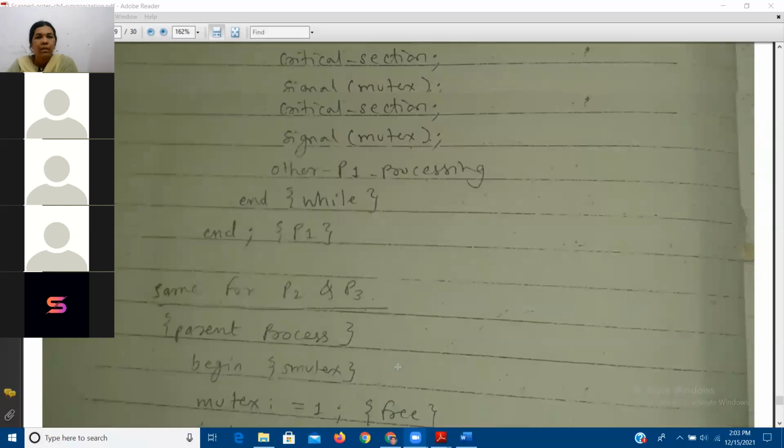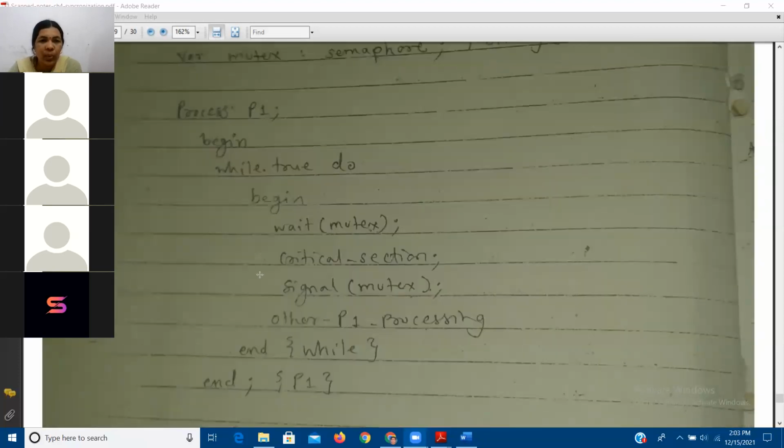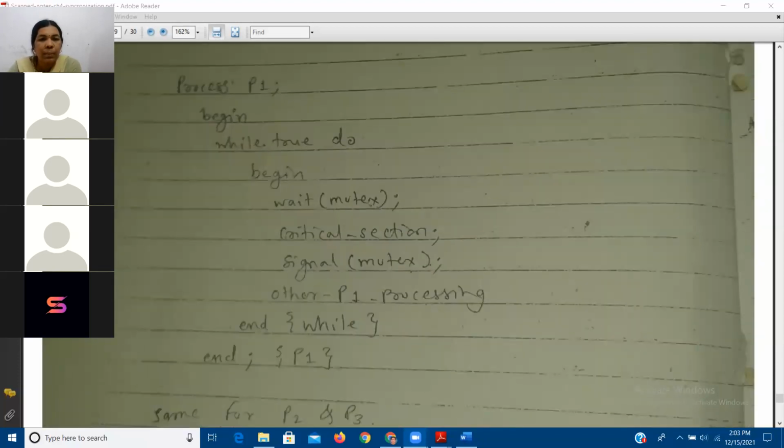This is the code with respect to the processes. If a process wants to enter inside the critical section, it has to execute the wait operation, wait mutex, before entering the critical section. After coming out of the critical section, it has to execute the signal. Other P1 processing, that is P1 may be in the remainder section. End while, end P1. The same code applies to P2, and you have to write for P2, P3 like that onwards.